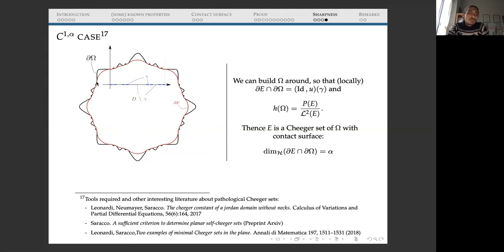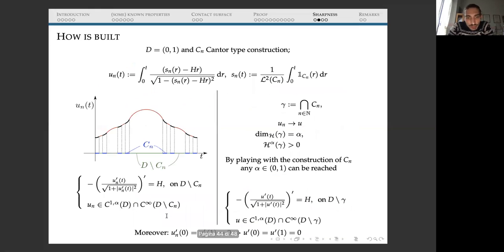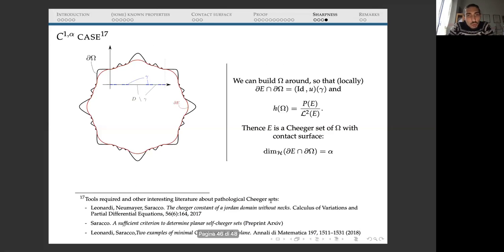Then you have to link them, and you use this circular arc, which spans an angle of pi over 2, and does not affect the regularity, because this profile has also the good taste to have zero derivative on the left and on the right. So when you glue it with the circular arc here, you don't break the C1 regularity too much. So it's going to glue very well.